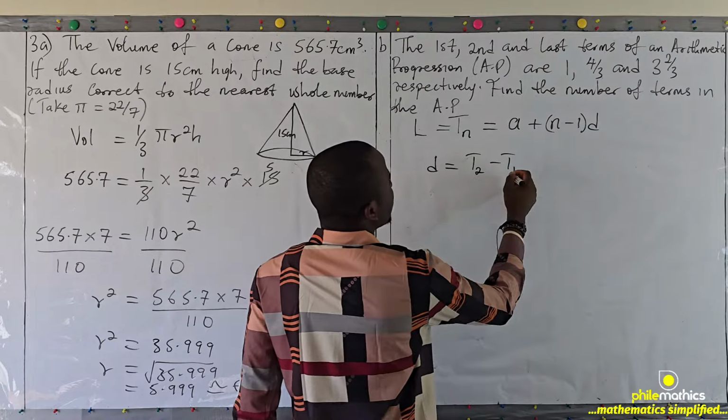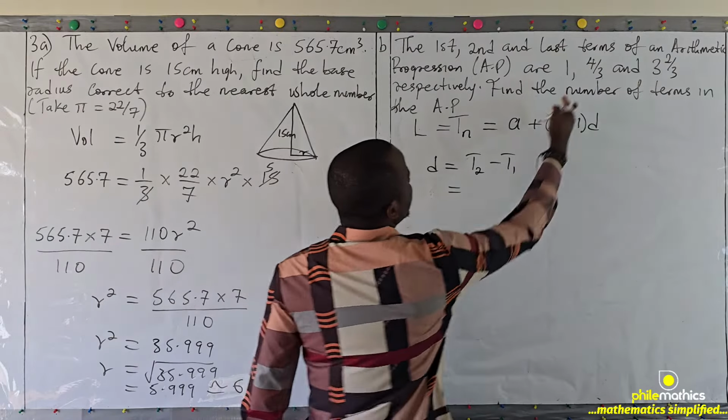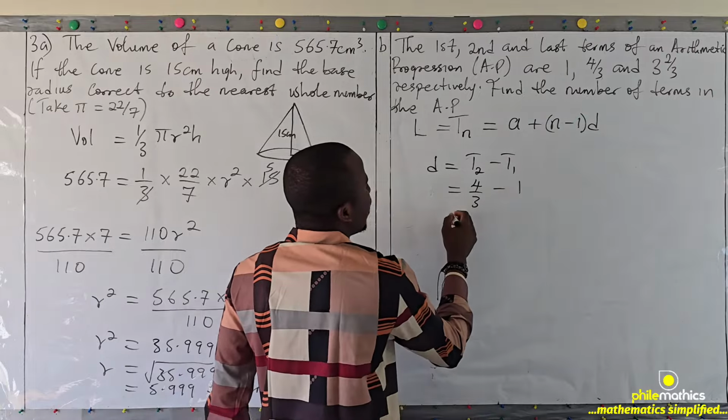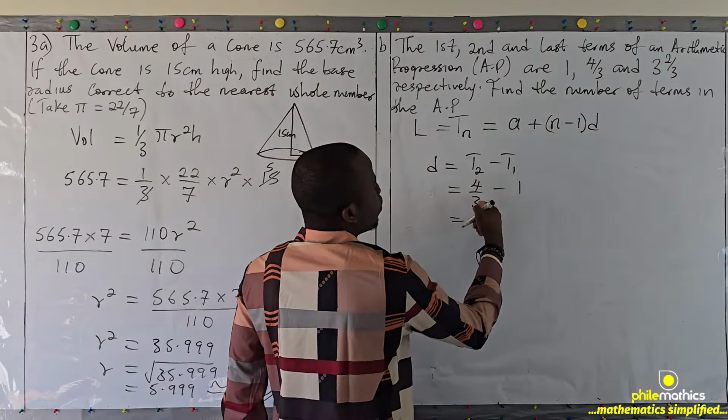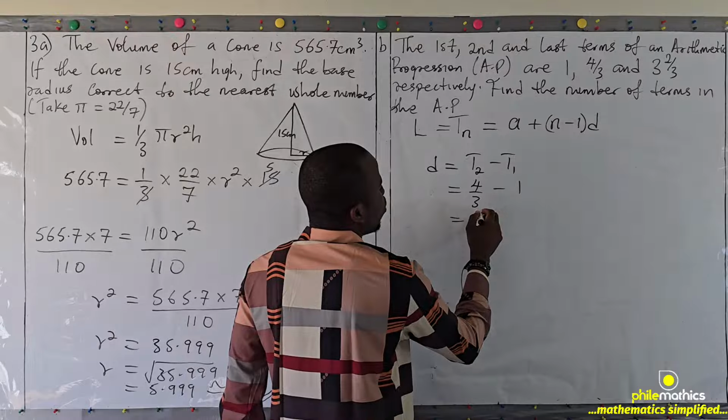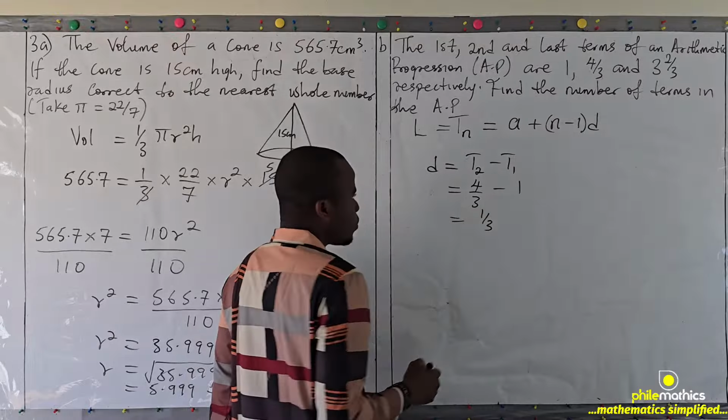And from this, it is simply second term minus first term, 4/3 minus 1. And this is 3 times 1 is 3. So this is 1/3.